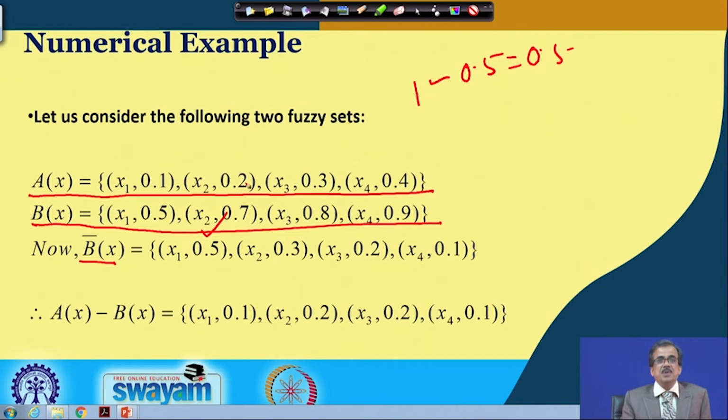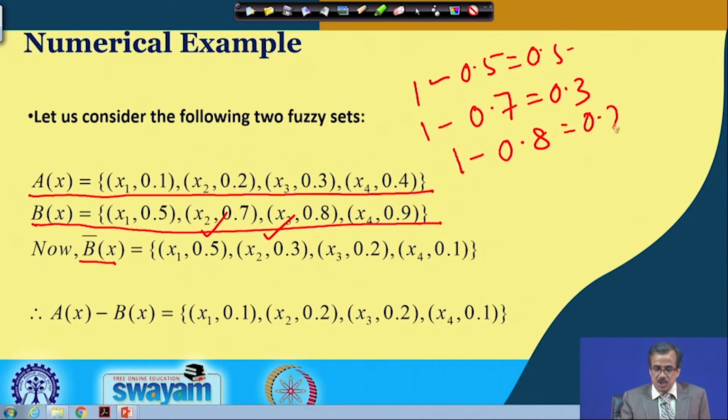Then corresponding to x2, it is 1 minus 0.7, that is 0.3. Then for x3, this becomes 1 minus 0.8, which is 0.2. And corresponding to x4, this is 1 minus 0.9, which is 0.1.